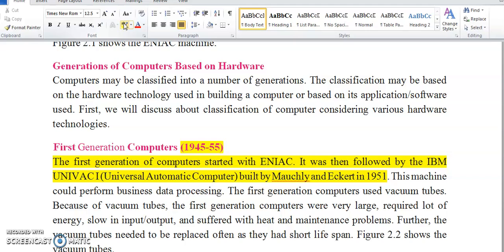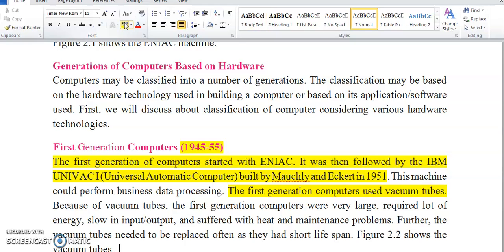The first generation computer used vacuum tubes. This is the most important line. In this way we will see the second generation, third generation, fourth generation. In each and every generation you should remember which type of component was used.